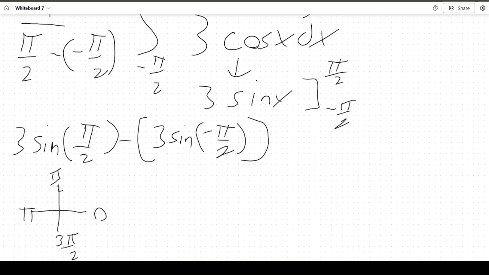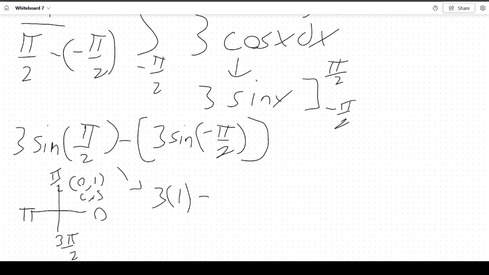From the unit circle, we know that the x and y values at pi over 2 would be 0 and 1. And this would be cosine, sine. And as you can see here, the sine is 1. So the sine of pi over 2 would be equal to 1. So it will be 3 times 1.